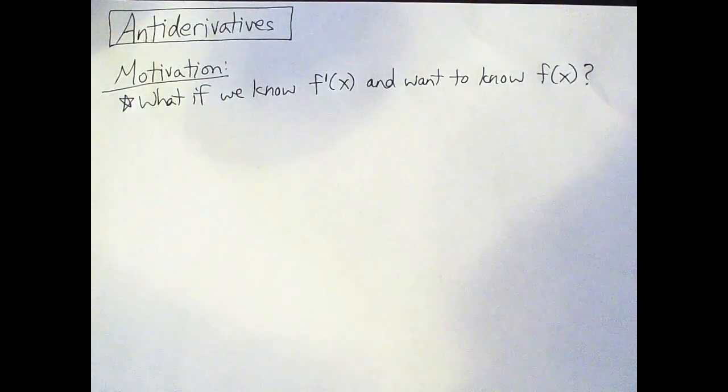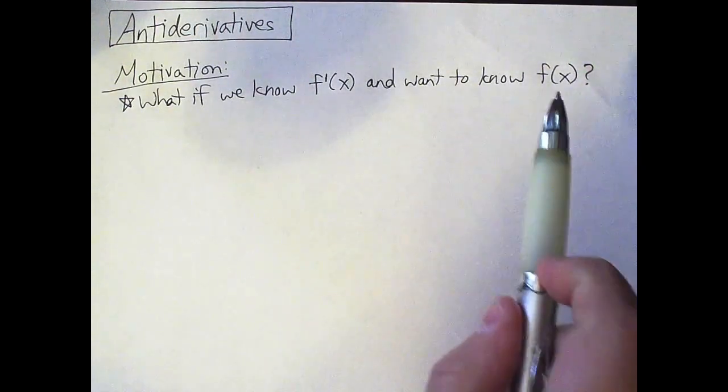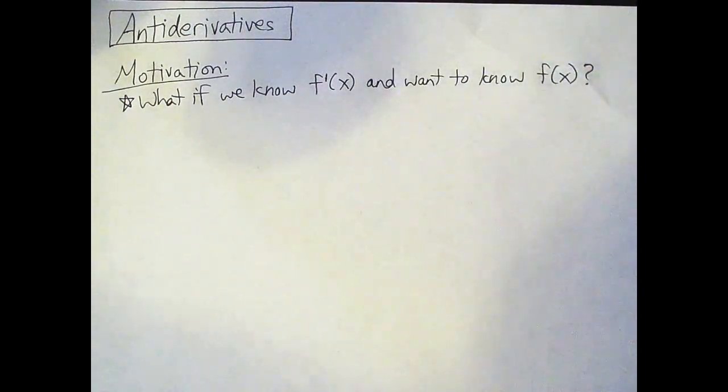That's an interesting question because we haven't really done it in this direction this semester, right? Usually we know f of x and we try to find f prime, but what if we know f prime and we'd like to know what was the original function f of x that gave us that f prime?